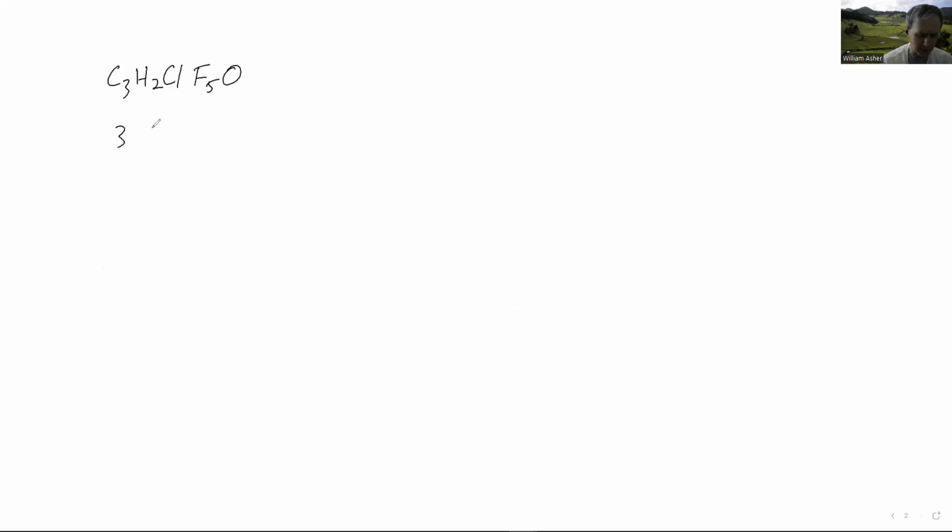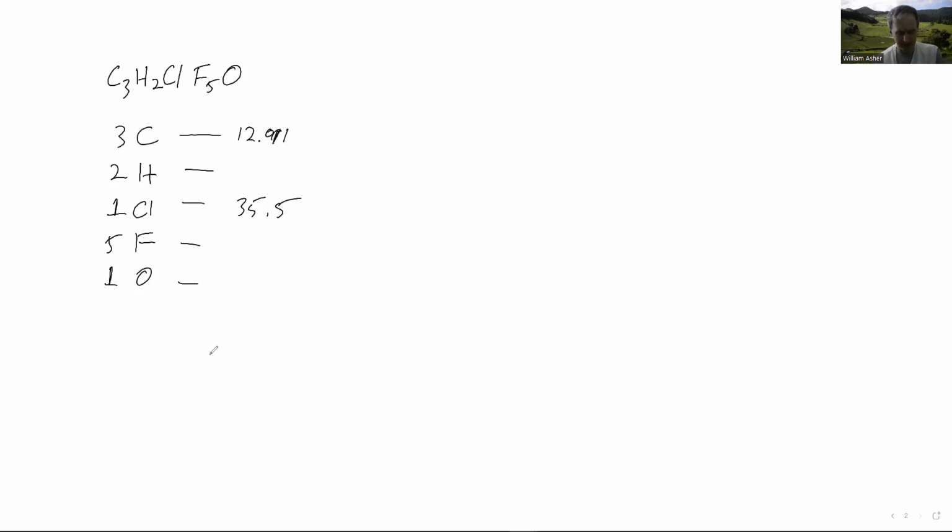So you're going to have 3 carbons, 2 hydrogens, 1 chlorine, 5 fluorines, and 1 oxygen, and you calculate the total mass of that. Chlorine is 35.5, I just don't remember that off the top of my head. Carbon we've seen is 12.011. Just figure them out and add them up, and then divide and multiply by 100.